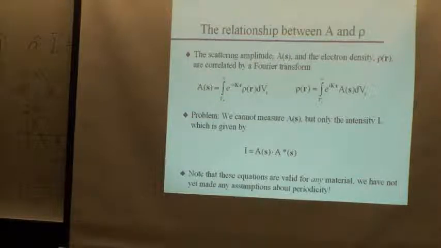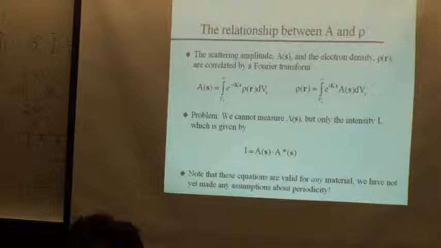So you can calculate the amplitude from your density in the unit cell, or you can calculate your density from the scattering amplitude. Guess what we usually do? Most of the time we measure this, right, which means we calculate that. But if somebody gives you a crystal structure, you could actually calculate what that amplitude should look like.